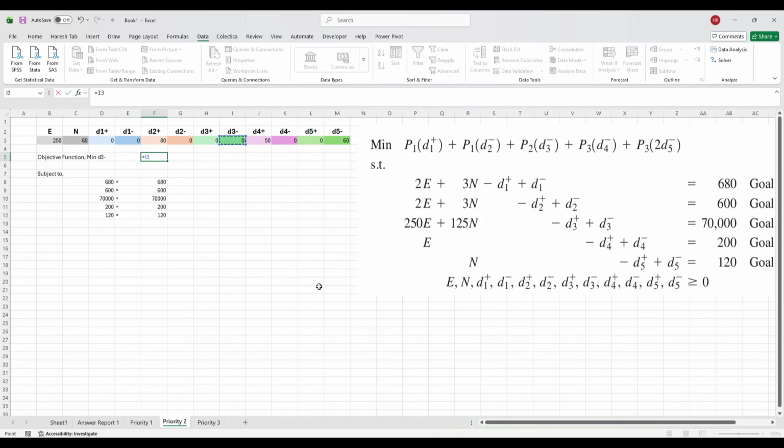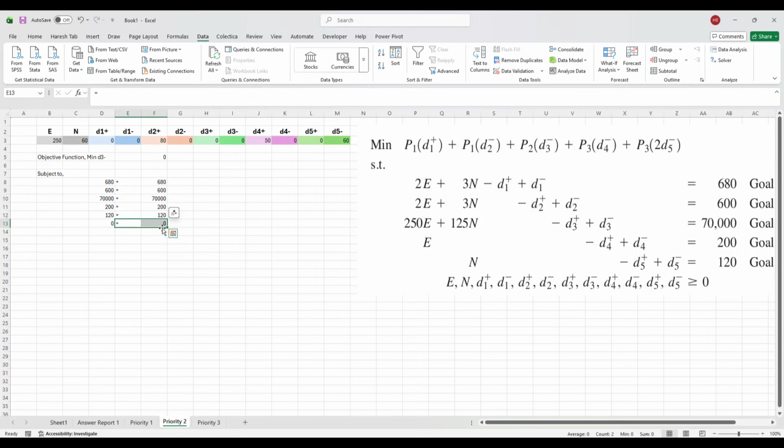Then all this remains the same, but I am going to add here D1 plus equal to D1 plus, and we have already achieved it as 0. So here it is 0.